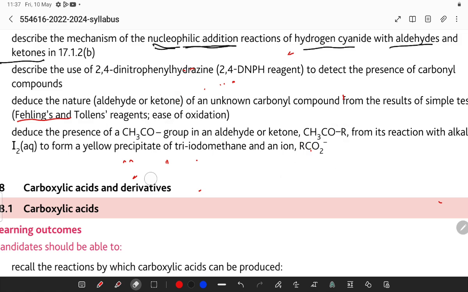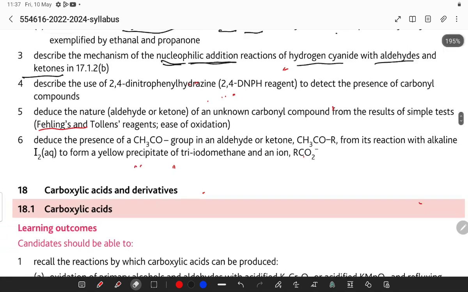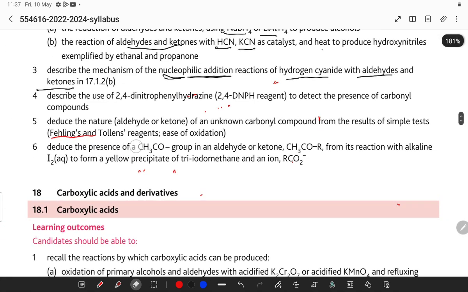If no change, then it is a ketone. So this is the test of aldehyde. Another simple test is Fehling's reagent, based on ease of oxidation. So this is the test that is Tollens' reagent.